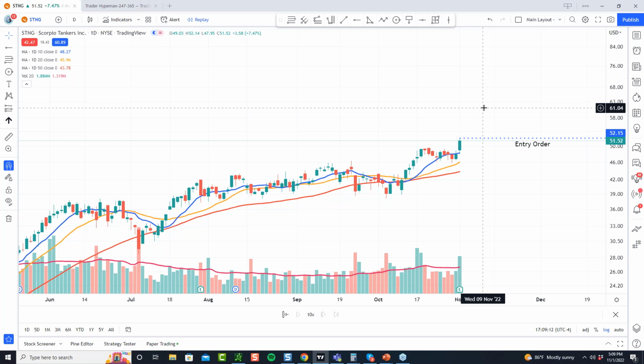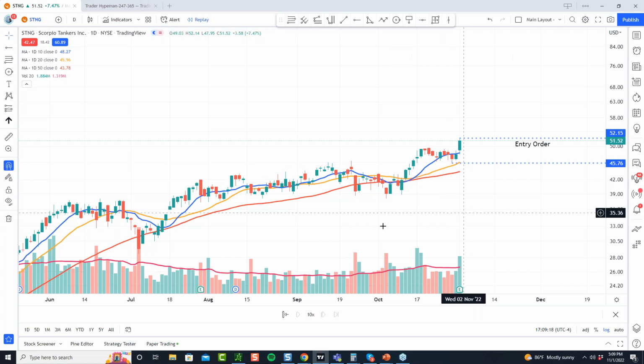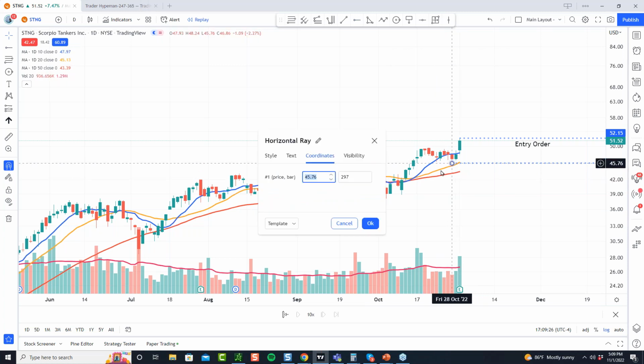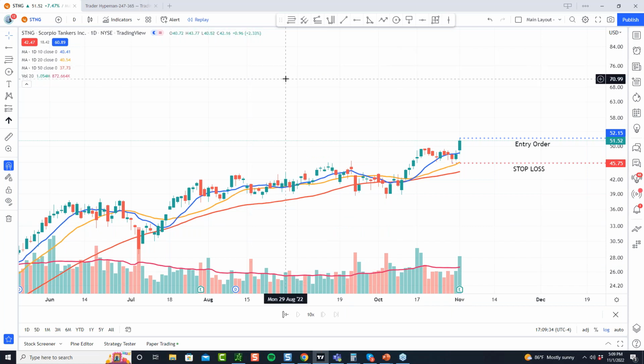Okay, so we use a very simple process here to set up our stop loss. What I'm going to do is find the last fractal low, which is 2 to the left higher, 2 to the right higher, which is here. If you don't know how to do stop loss or how to identify highs and lows, don't worry, I'll be able to teach you that. I also use an indicator to help.